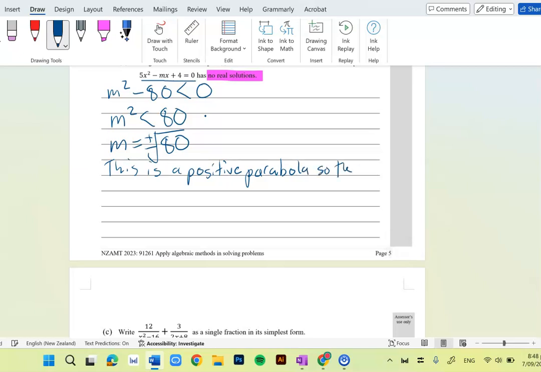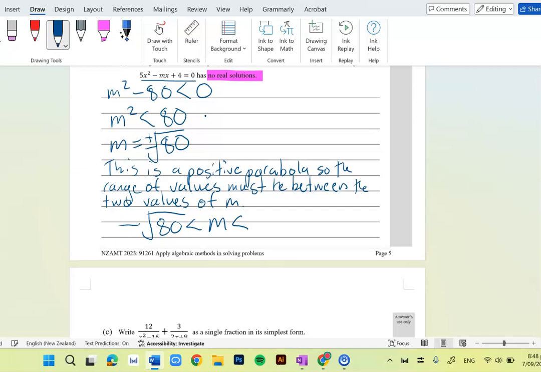So the range of values must be between the two values of m. So what that's going to look like is something like this. We've got negative square root of 80, m goes in the middle, and square root of positive 80.